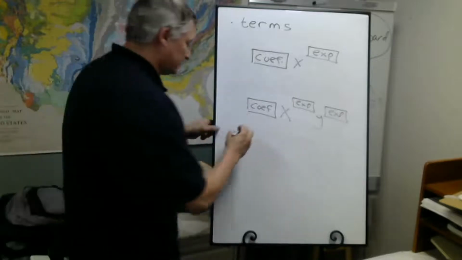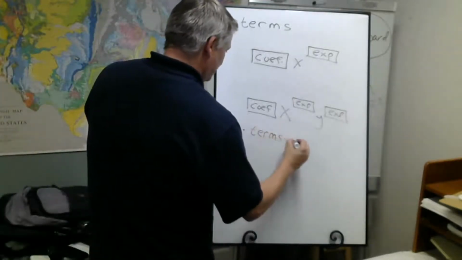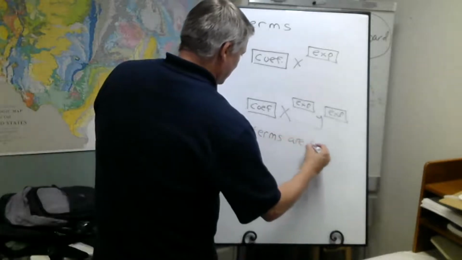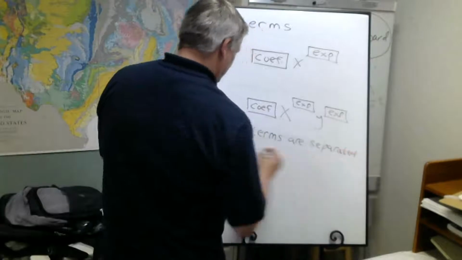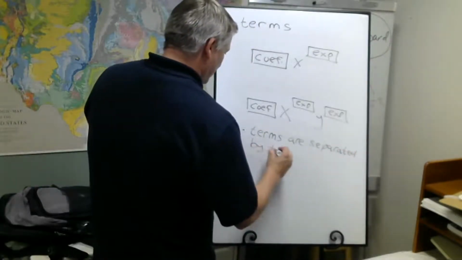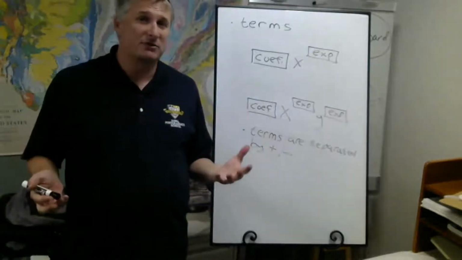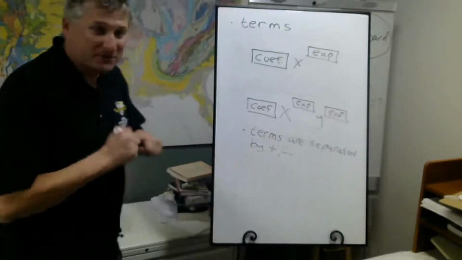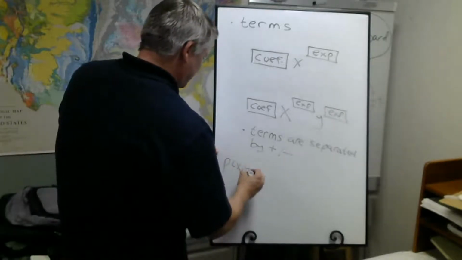And in a polynomial, terms are separated by plus and minus. So we add and subtract the terms together. For example, you'd have a polynomial p of x and y.